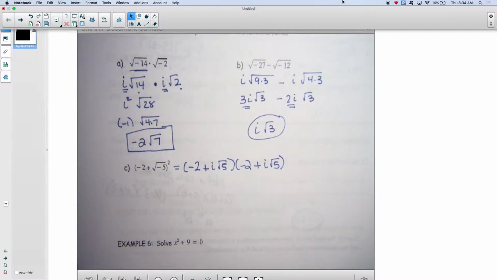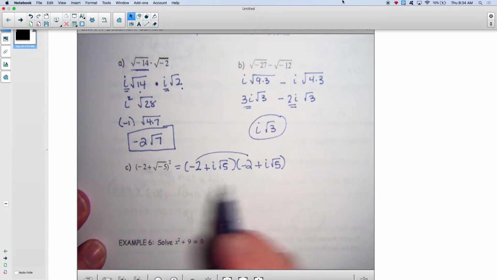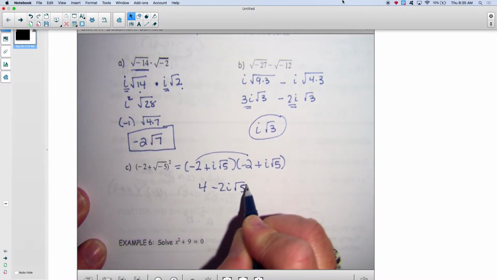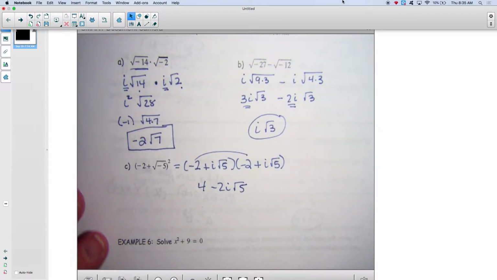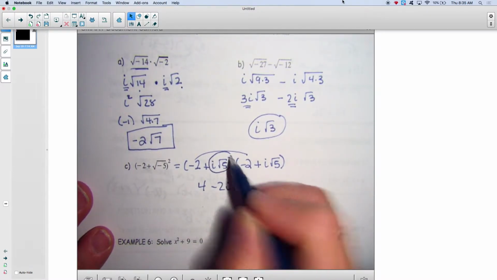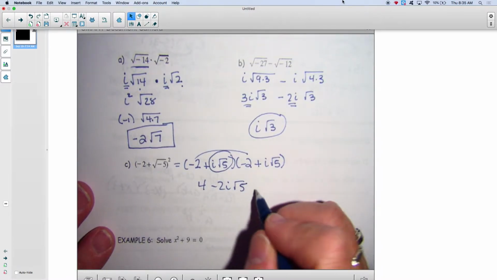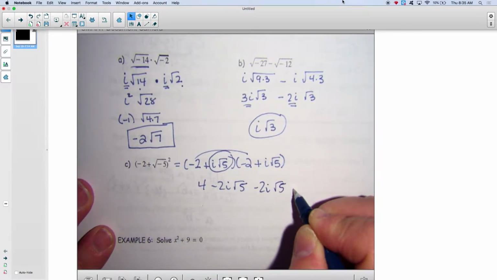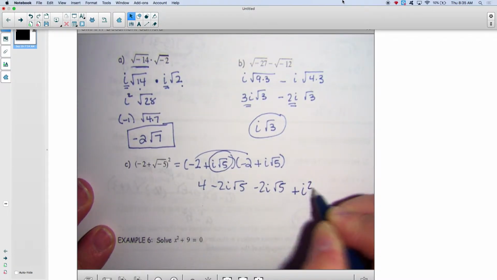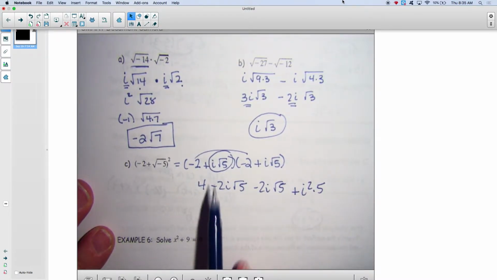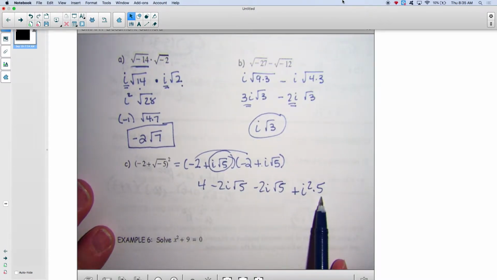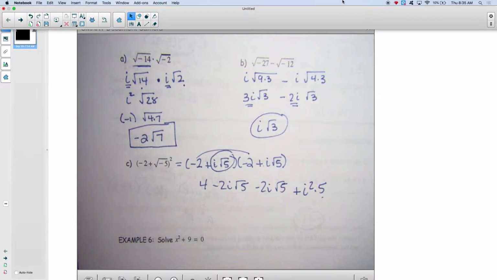Now you can multiply. Distribute the negative 2 through. Then distribute the i square root 5 through. It's going to be i squared times 5. i times i is i squared, square root 5 times square root 5 is 5.